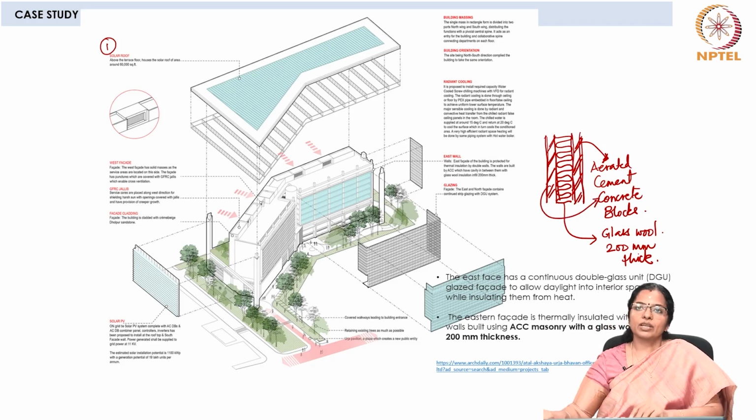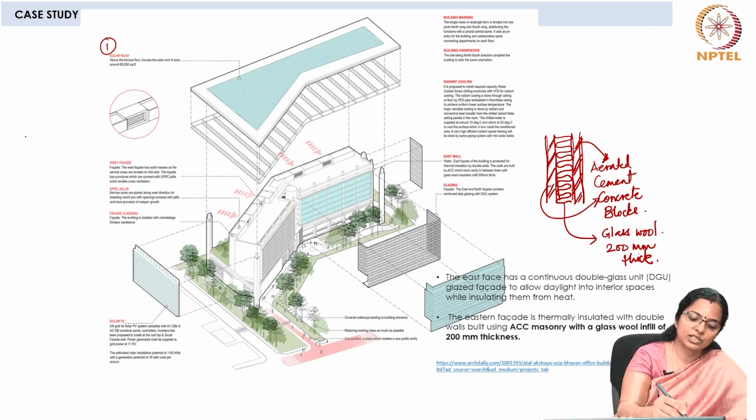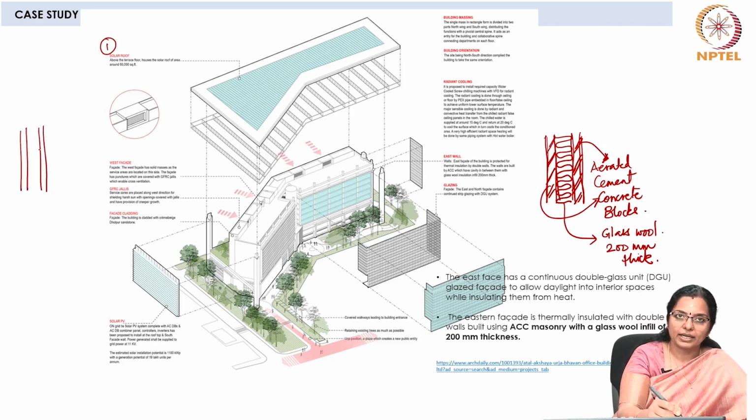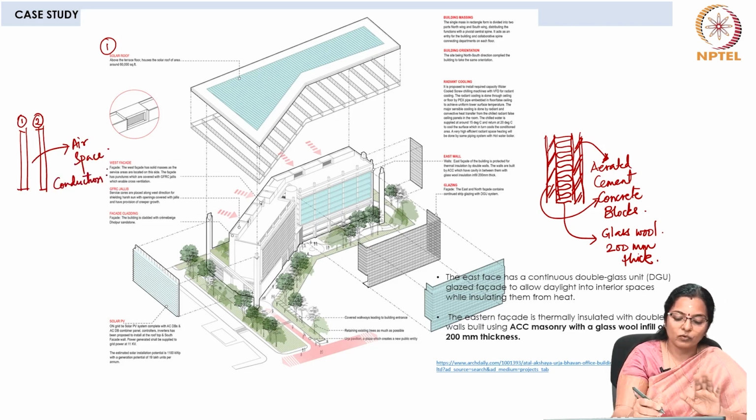So, this building, which has to demonstrate itself as a net positive building, has used cavity walls, and as we saw, cavity walls function on the concept that having a plain cavity wall with just two walls, wall 1 and wall 2, with air space, transfers heat from wall 1 to wall 2 by conduction within the wall and convection between the walls.